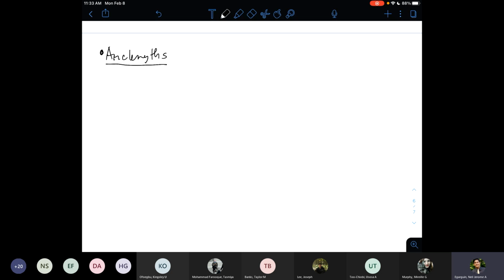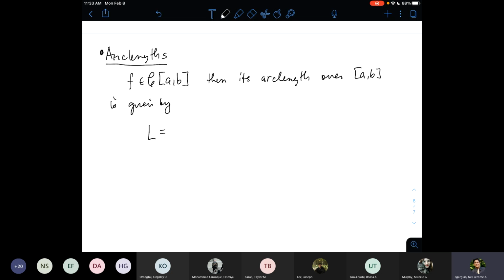So the thing here is that if you have a function f that is continuous over the interval AB, this notation is just shorthand for f is a continuous function over the interval AB, then its arc length over the interval AB is given by, I'm not sure what your notation for the arc length is, I'll just use capital L, the integral from a to b of the square root of 1 plus the derivative of f quantity squared dx.